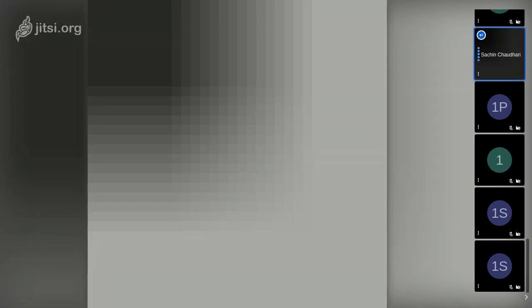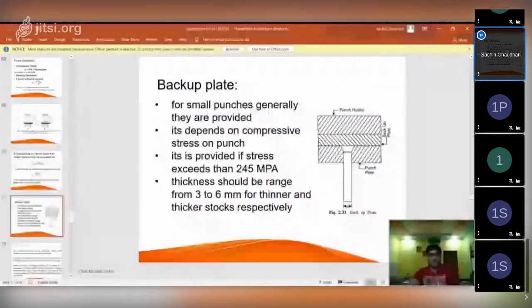The criterion for whether we are going to use the backup plate or not depends upon the compressive stresses, guys. If the stresses exceed the permissible limit of 245 MPa, then you have to introduce the backup plate between the punch plate and the punch holder.